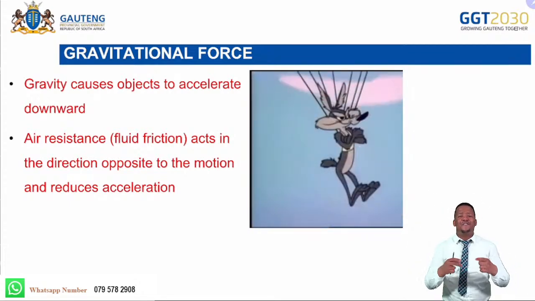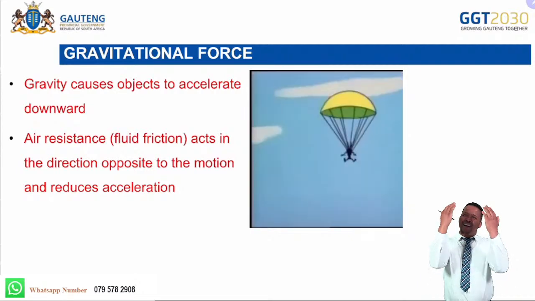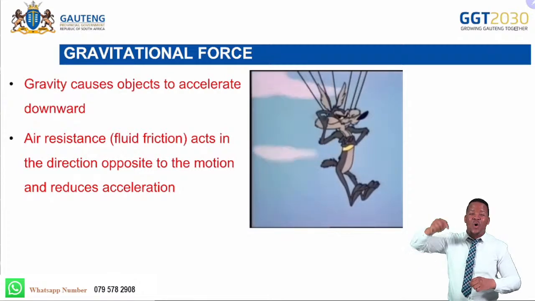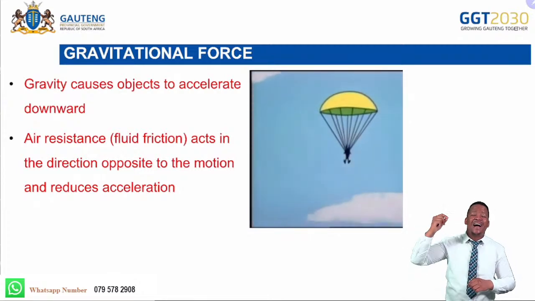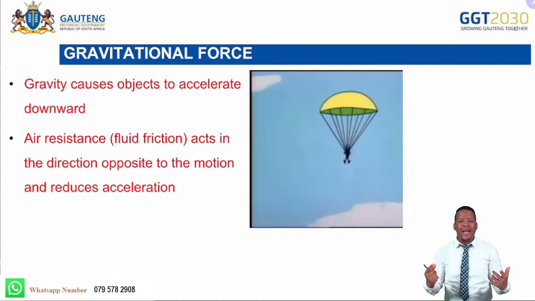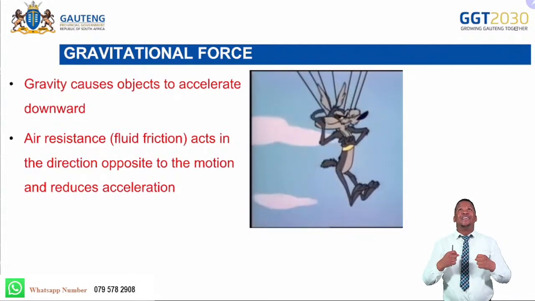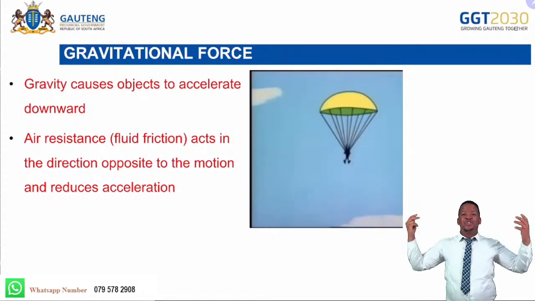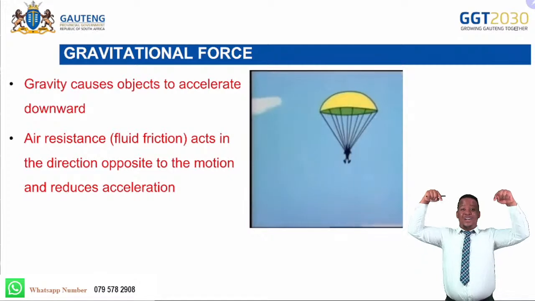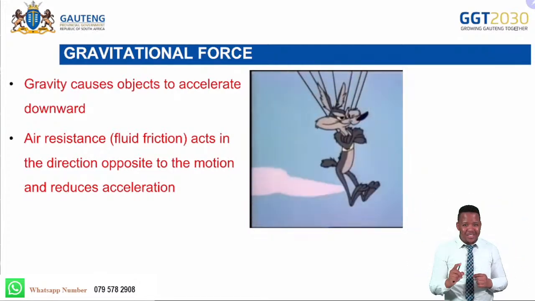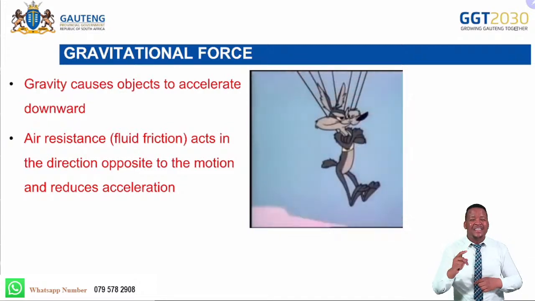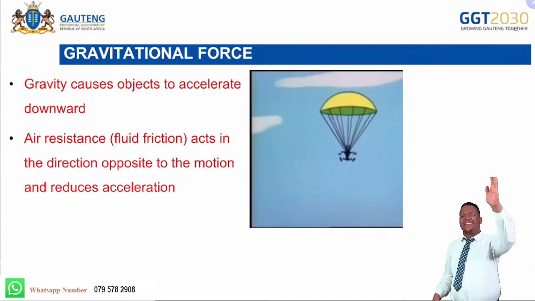Why? Because the force of gravity is calling him to say, come down. And he's going at a higher speed, except for the one with the parachute. Why? Because the parachute is open above him, so the air is pulling you upwards and gravity is pulling you downwards. So the two forces, air resistance or friction and gravity, act in opposite directions.